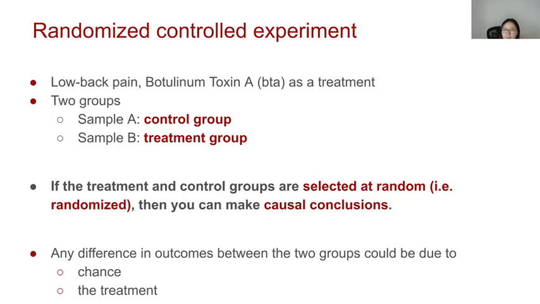One more time, just to repeat it: we highlight that any difference in the outcome between the two groups could be due to either the chance model or the treatment model, and we can attribute it this way because we have done the randomization, meaning that the observations in the two groups are very similar to each other except for the treatment or control group assignment.